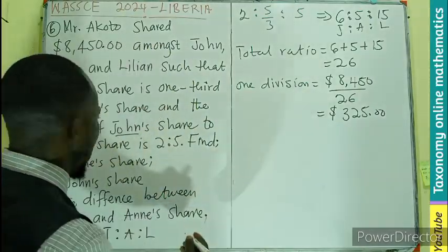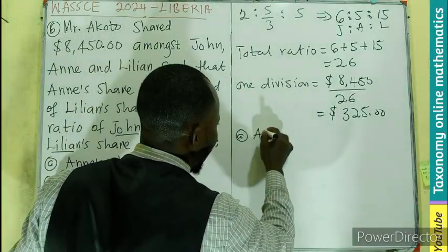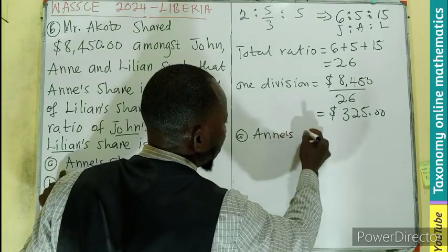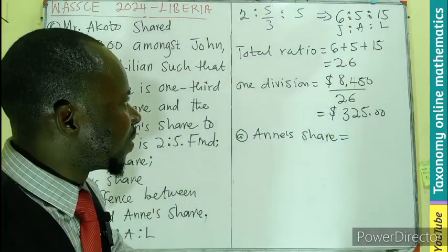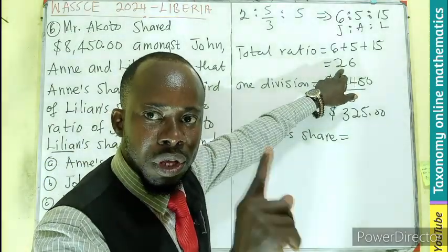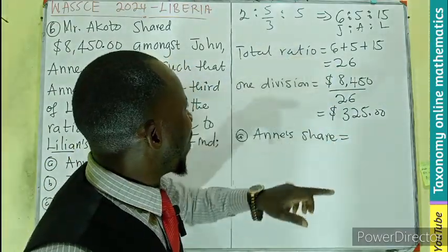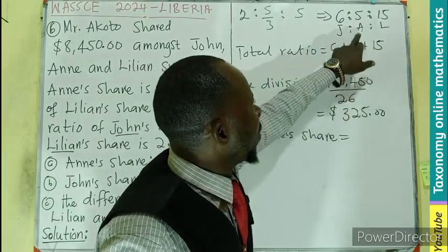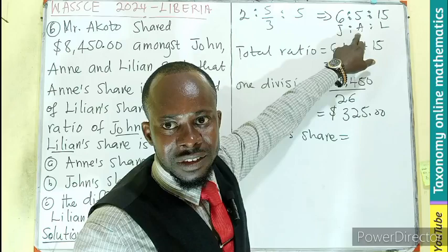So if I am looking for A, the Anne share, Anne is going to pick how many parts? There are 26 groups. Each group is 325. So Anne is picking 5 out of the 26.